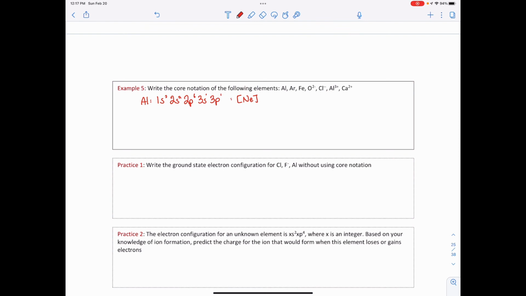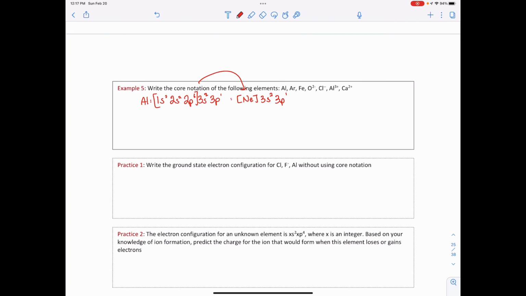And then once you have that, you start after neon. So then I have my 3s2 and then the 3p1. So that's core notation, where I can represent all this in the form of a noble gas.